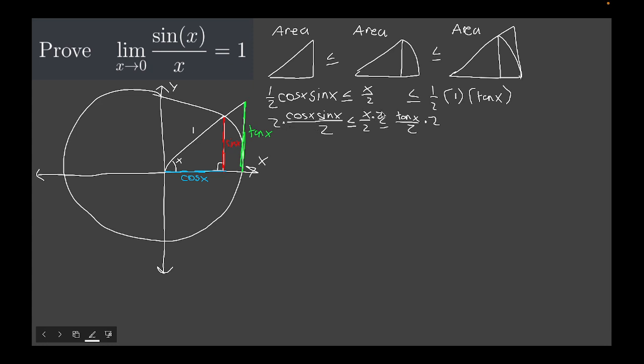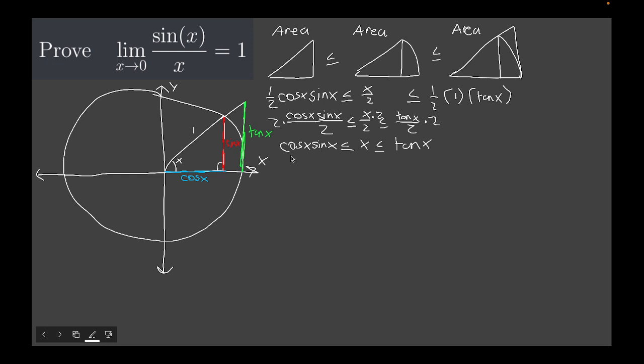So the 2's cancel in each of these, and we're left with cosine of x times sine of x is less than or equal to x, and it's also less than or equal to tangent x, because the 2's just cancel.